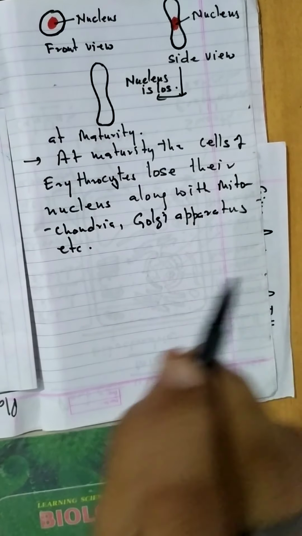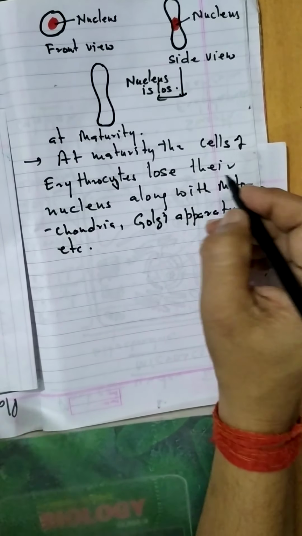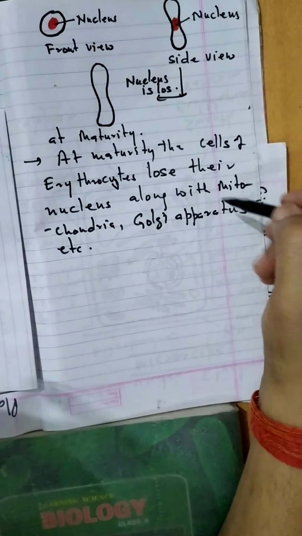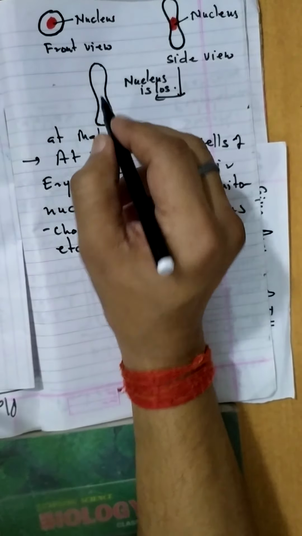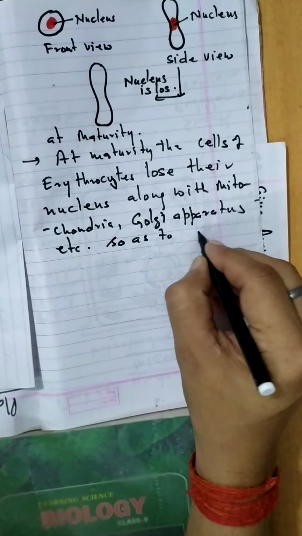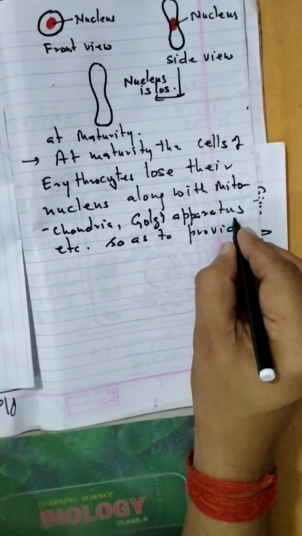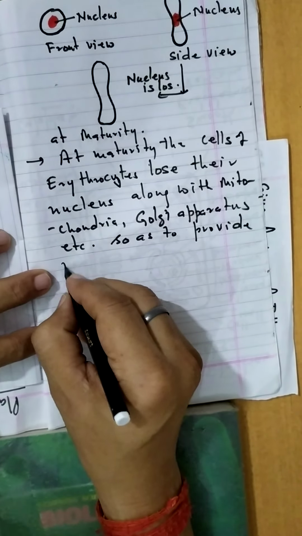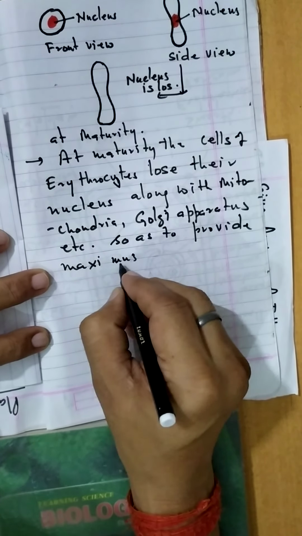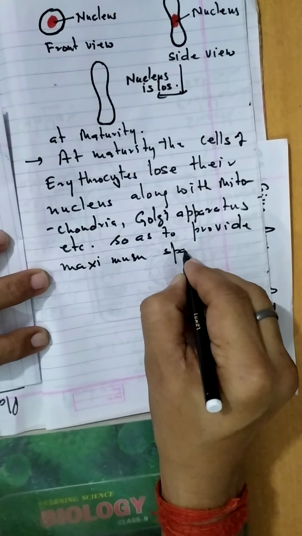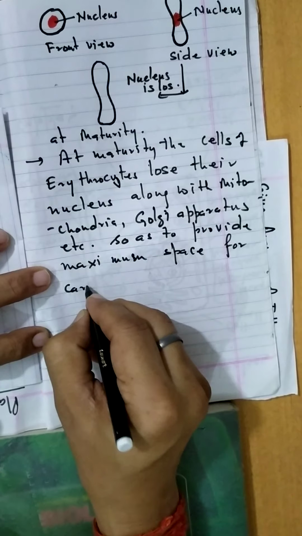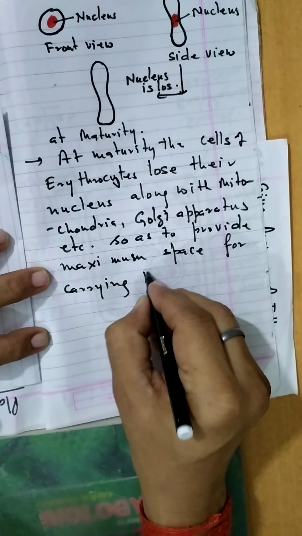The main purpose of losing their nucleus and mitochondria is to provide maximum space for carrying the oxygen.